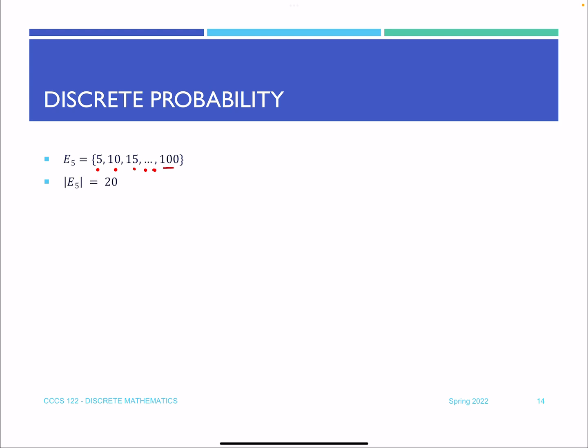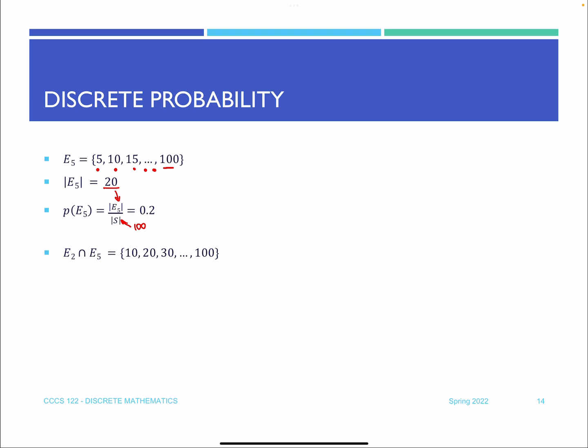The cardinality of this event set is 20. The probability of this event occurring is the cardinality of E5, 20, divided by the cardinality of the sample space, 100, which comes out to 0.2.